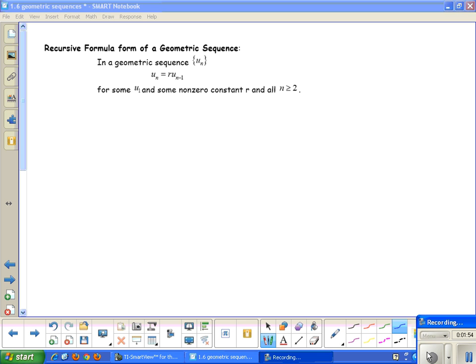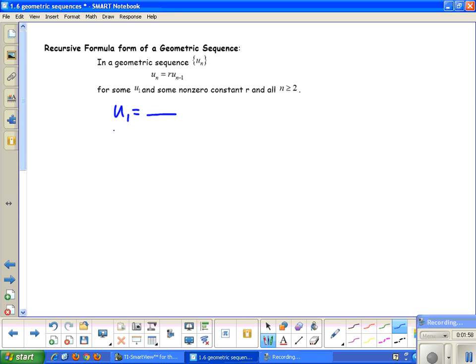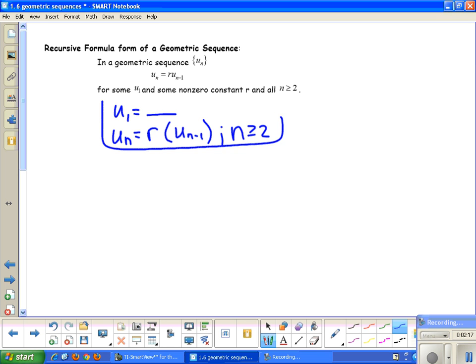First, you have to state what the first term is, and then a formula for finding the nth term. So in this case, if it's a geometric sequence, the formula is our common ratio, r, times the previous term, where if we're starting off with an n value of 1, then the formula would work for n values greater than or equal to 2. So this would be my recursive formula.